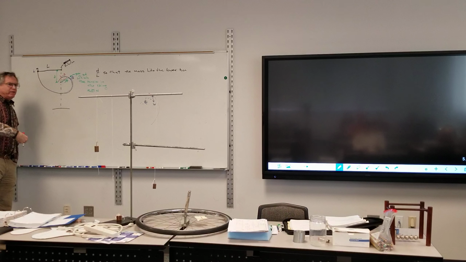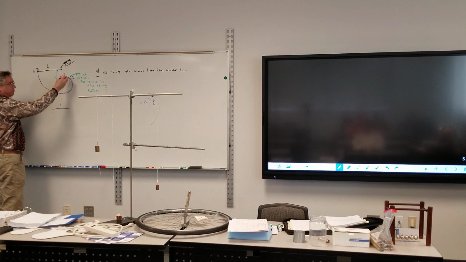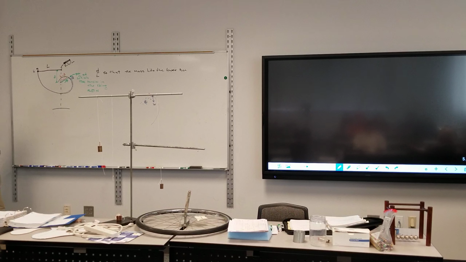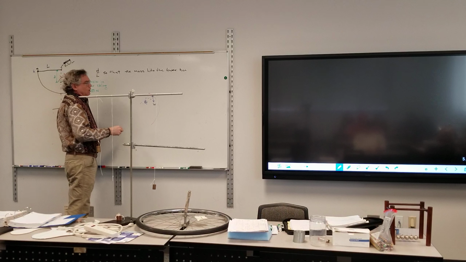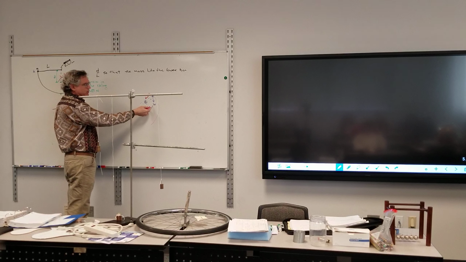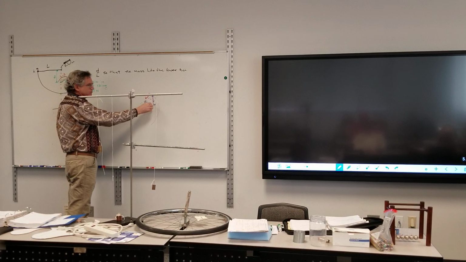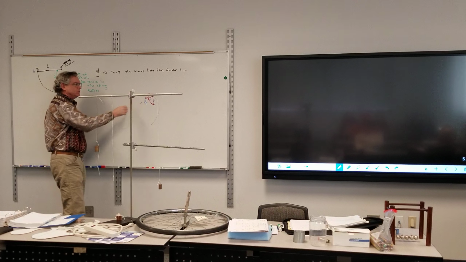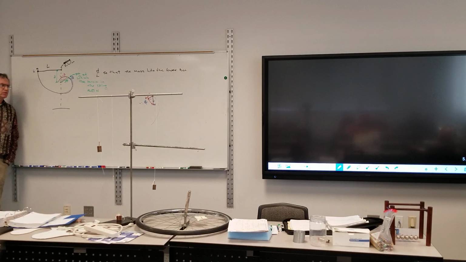So I have this thing traveling in circular motion up to this point right here. The only force acting on it is weight. What is the component that is towards the axis of rotation?